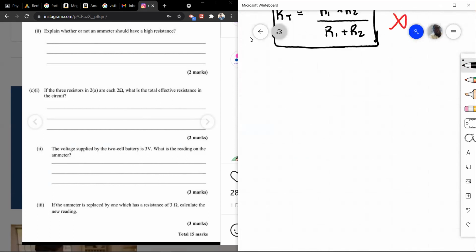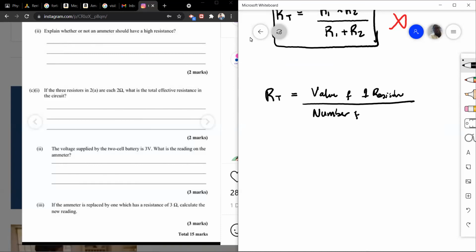Let's go for the third one. RT is equal to the value of one resistor over the number of resistors.